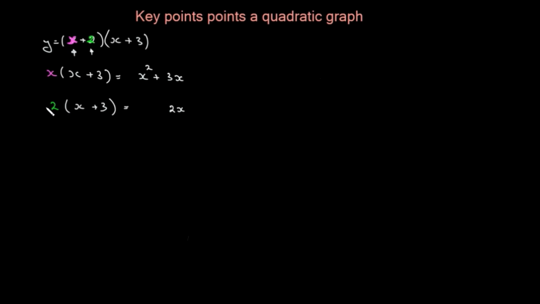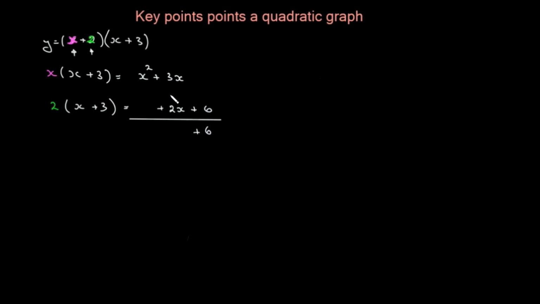Positive, positive, the signs are the same, so that is positive. 2 times 3 is 6. We haven't got a column for just numbers, so we make a new column. Positive times positive is positive. Add those together, we just get 6.